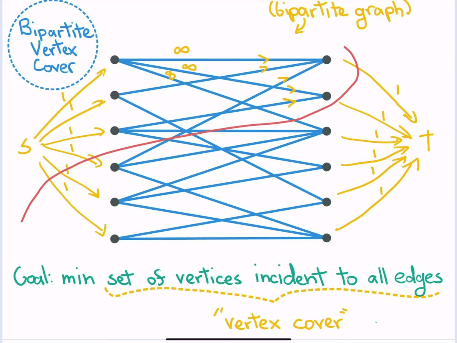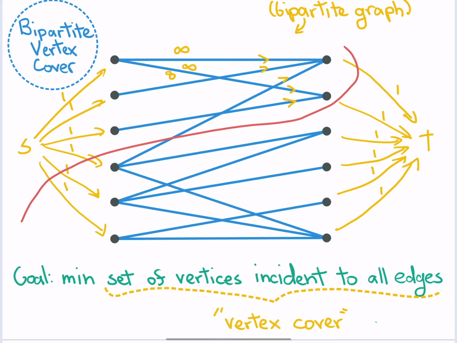So what I'm going to do just to make it interesting is I'm going to erase those edges that are cut. Okay, so one thing important is that we're only interested in the edges that are leaving.